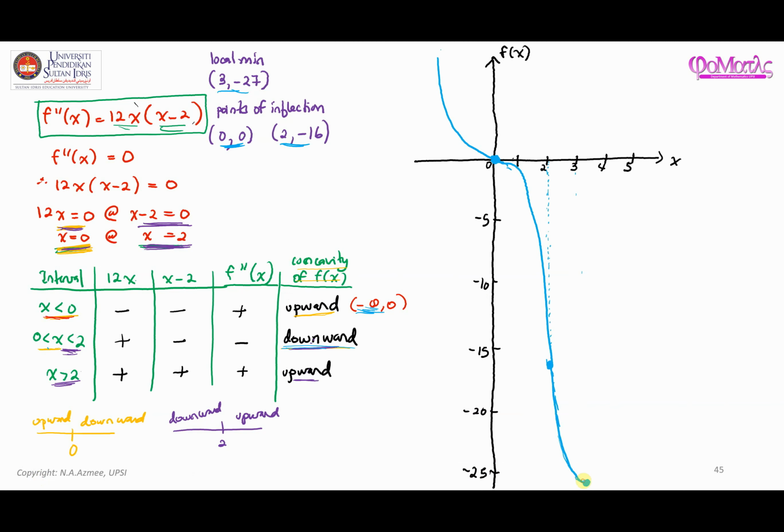So this is at 3. Now it's going to decrease, but then it's going to increase, and the concavity is going to be upward, so it's going to look like this. Okay, so basically that's how the graph can be sketched.